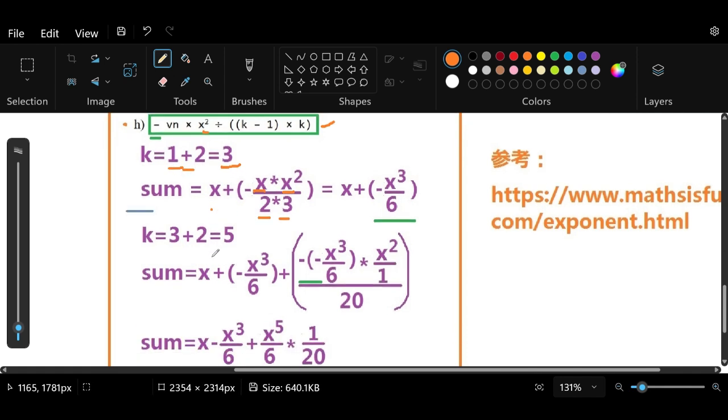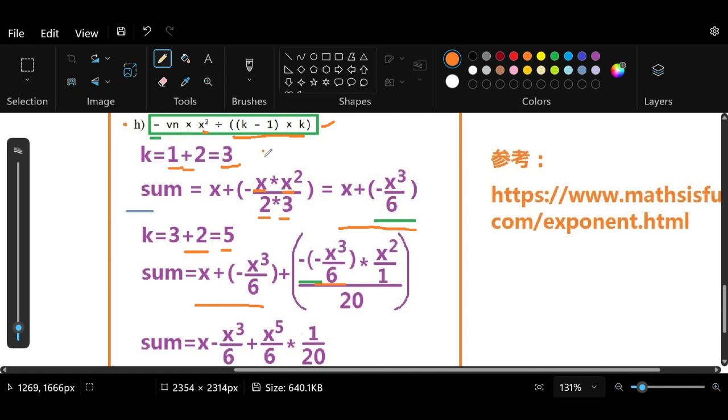Now if it's k is equal to 3, then we do a plus 2 and it's 5. Then this part here, we need to put it here, and then we need to add this part where this one is currently negative and this one is negative, so we got minus and minus that in this way, and then multiply it with x squared divided by 1, and then divide the whole thing by this part.